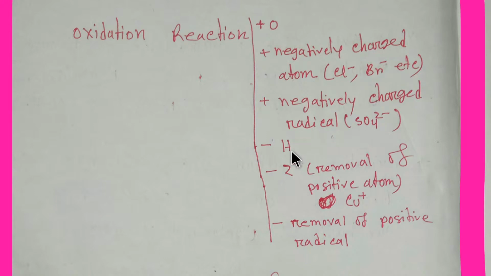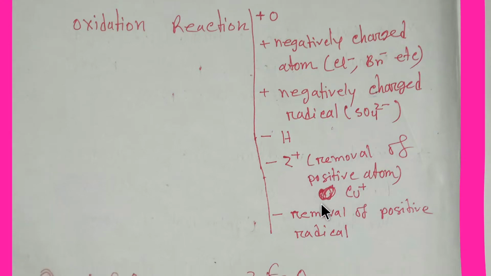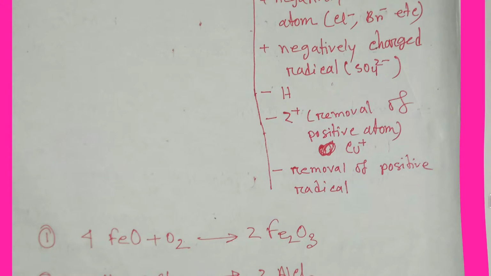Or we can see the removal of hydrogen, or the removal of a positively charged atom like copper 1 plus, right? Or we'll see the removal of a positive radical, right?